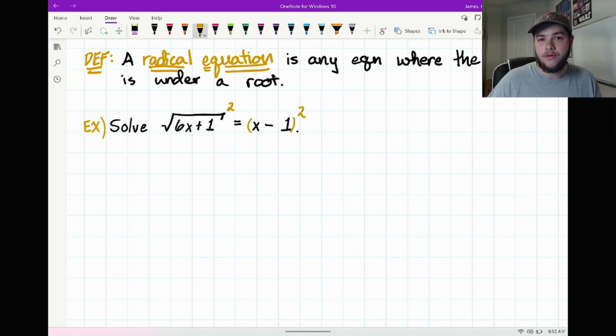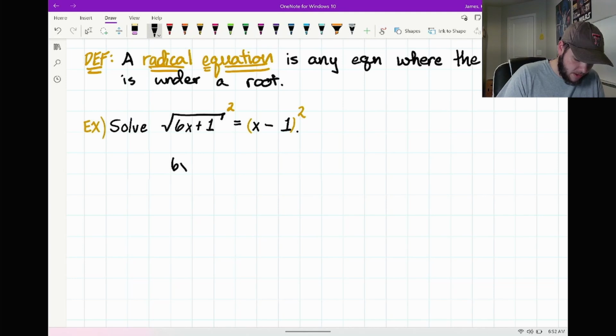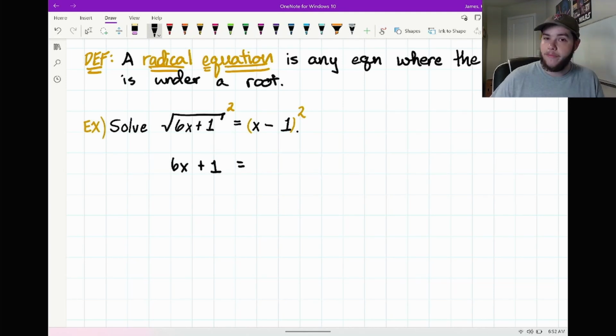And notice I put parentheses around the other side. That is because what I do to one side of the equation, I have to do to the entire other side. So because I'm squaring the left side, I need to square the whole right side. On the left side, that's just going to cancel out my radical, and I'm going to be left with 6x plus 1. On the right side, remember this is not x squared minus 1 squared.